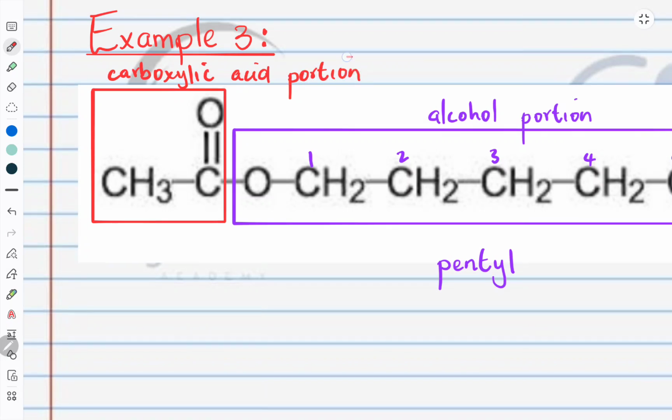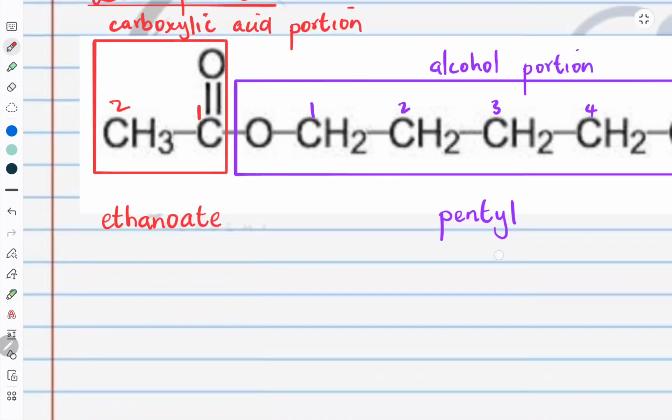So this carboxylic acid portion has 2 carbon atoms, 1, 2. Okay, so for that reason, this is an ethanoate. It was ethanoic acid, but we replaced the anoic acid with OATE, so this becomes an ethanoate.